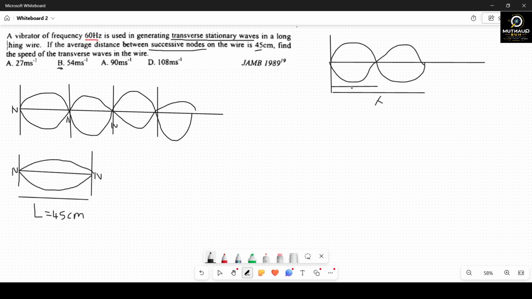So between here and this place is actually 1/2 lambda. Then we can say that the length is equal to 1 over 2 lambda, which is also equal to 45 centimeters.